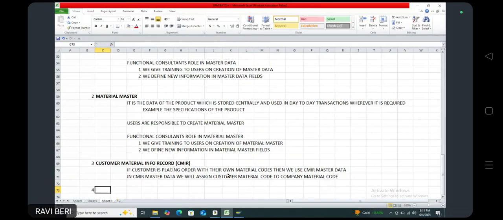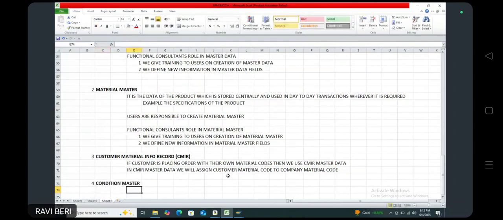We'll see all these in the system one by one. We are just discussing the definitions of that master data. Tomorrow we'll see creating customer in the system. Then we discuss customer master, what information you have, all those.